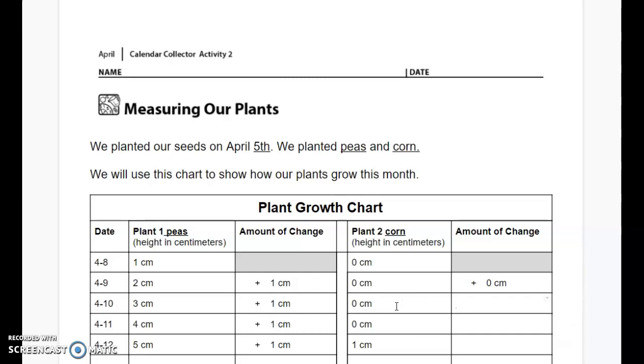It hasn't even sprouted. So we'll say that for the next day too, and the next day, and then for today, how much has our plant grown? Thumbs up if you see that it's grown 1 centimeter. All right, fill in the rest of your chart. You can pause the video if you need more time.